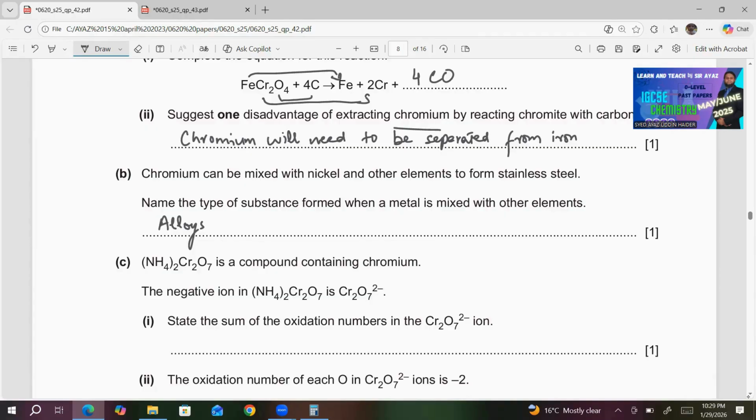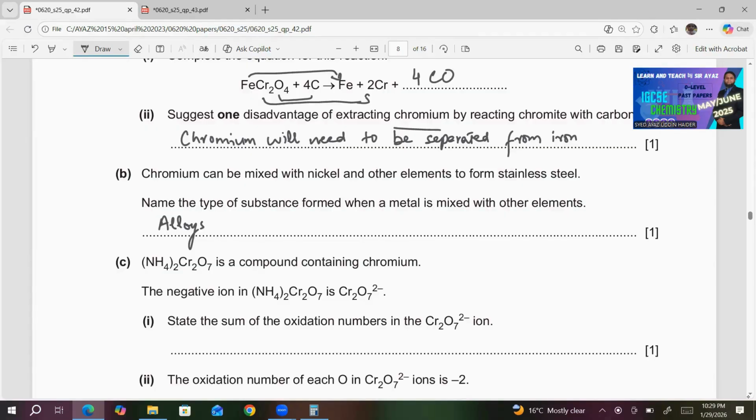C. (NH4)2Cr2O7 is a compound containing chromium. The negative ion in (NH4)2Cr2O7 is Cr2O7 2 minus. State the sum of the oxidation numbers in the Cr2O7 2 minus ion.